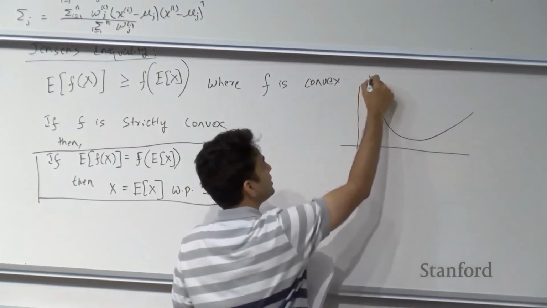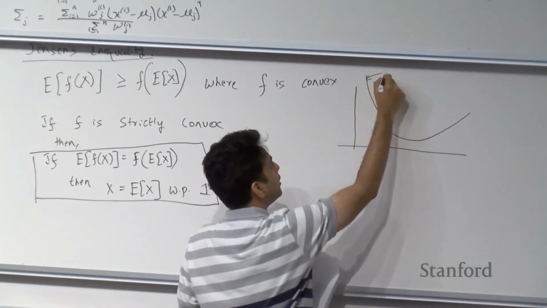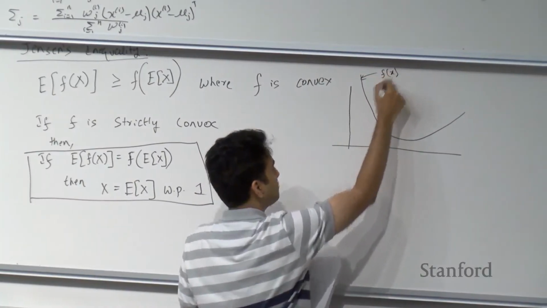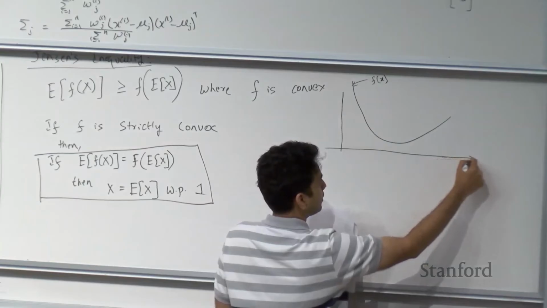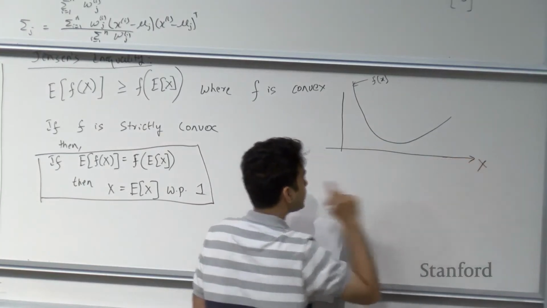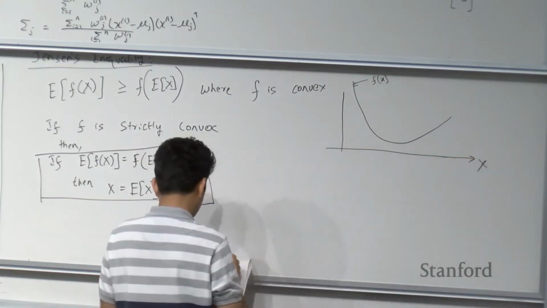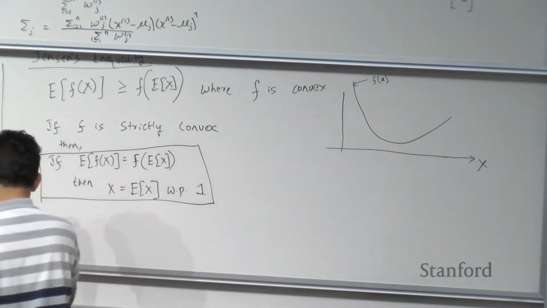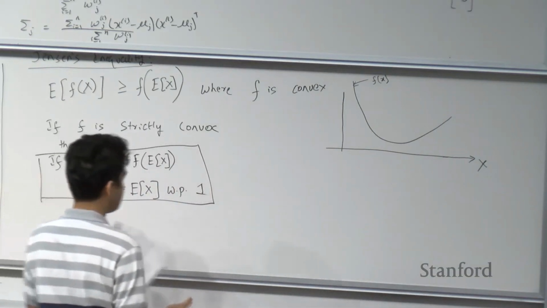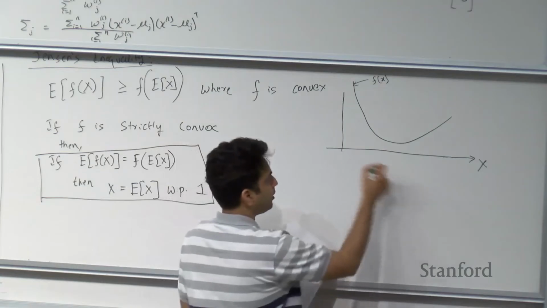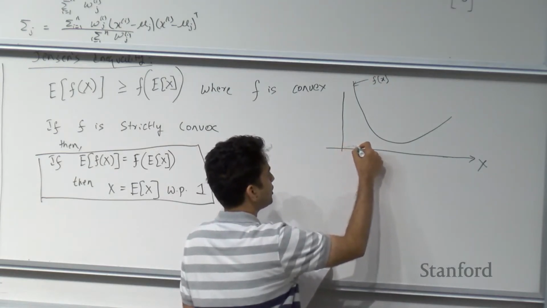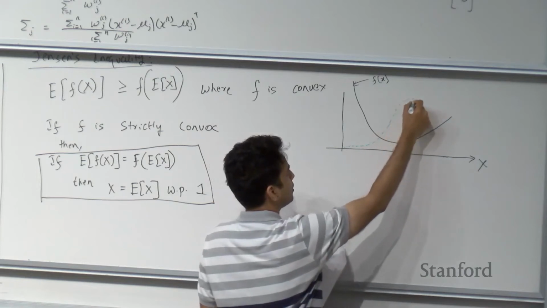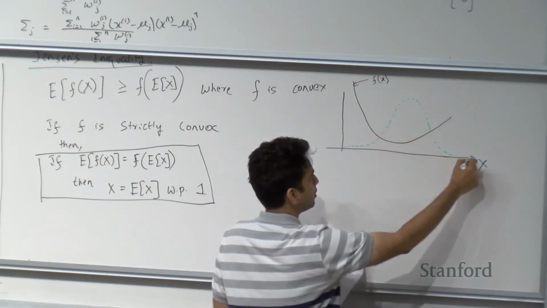Right? So let this be some function f of x, and this is basically x. Let's also assume that x has a probability distribution associated with it, right?